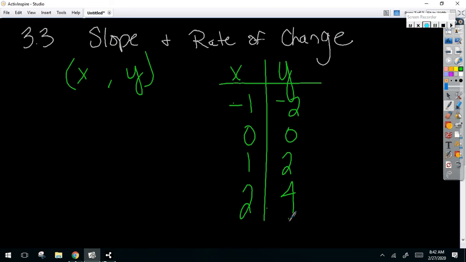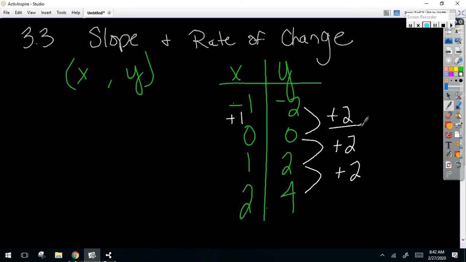They're going up by 2's every single time. That difference is the same every time I change. I go up 1 here and I go up 2 here. That doesn't change. That's what's special about lines: they have that constant rate of change, the same rate of change for every single value.